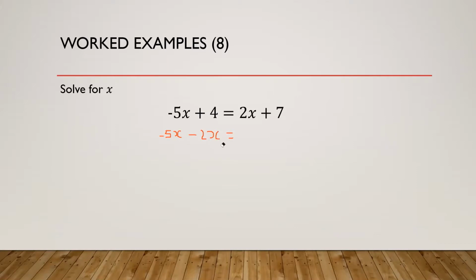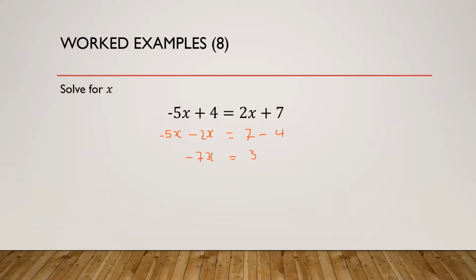Let me just clean this up a little bit to make that x look like a proper x. Okay, 7 stays. 4 goes to the right-hand side and becomes minus 4. So minus 5x minus 2x is minus 7x. 7 minus 4 is 3.